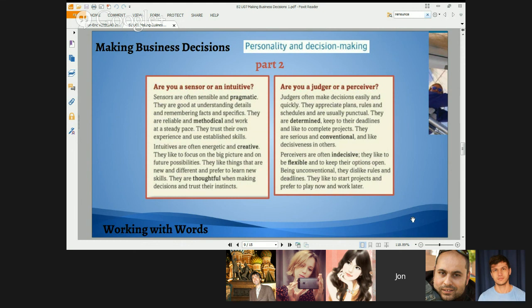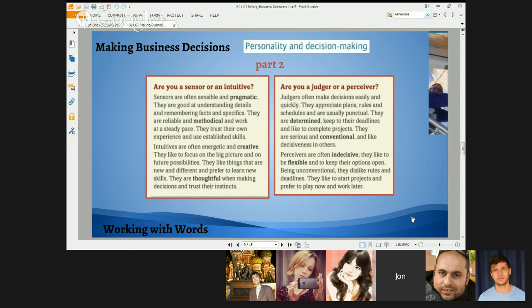Listen again. Say sigh. Just repeat that syllable. Sigh. Indecisive. That's right. Indecisive. They like to be flexible and to keep their options open.